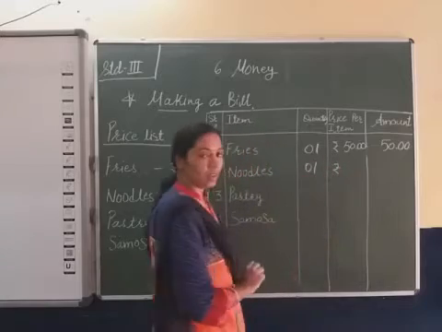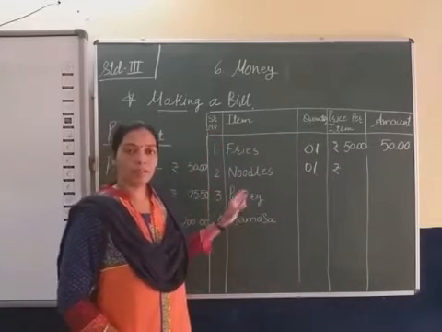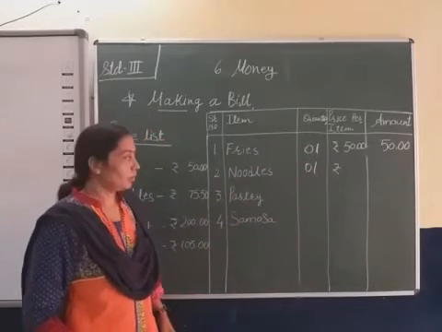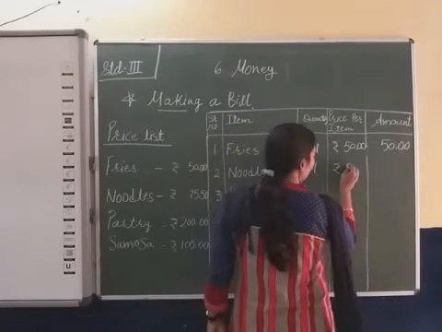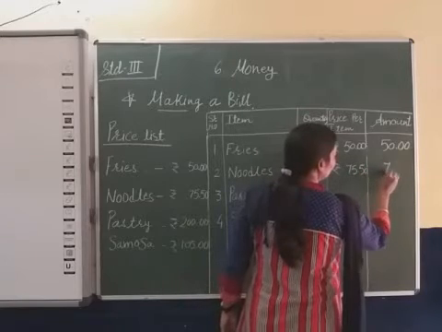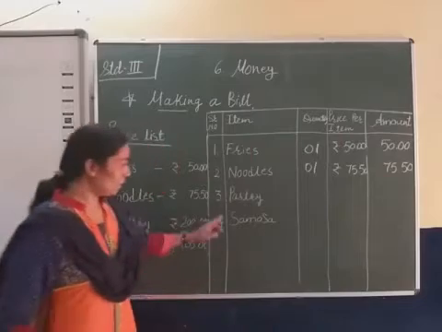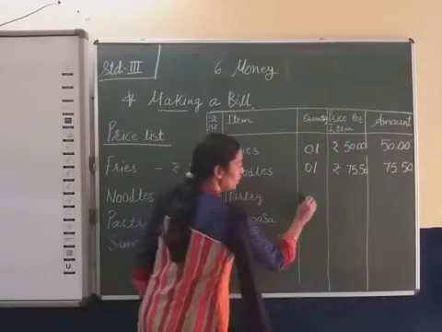I take a very simple example here. Then in the next example we will multiply and then write the amount. Noodles rupees 75, 50 paisa. The third item, pastry, costs 200 rupees.